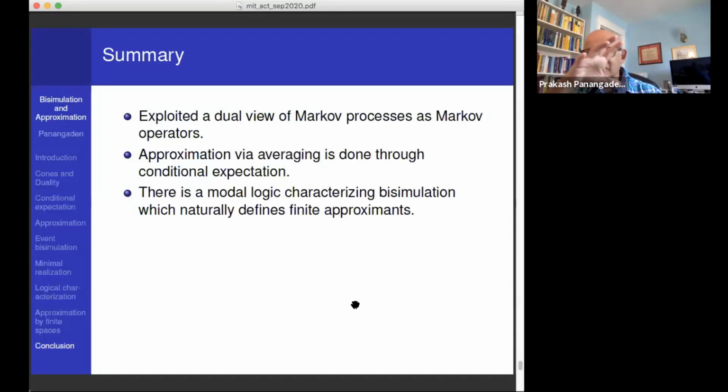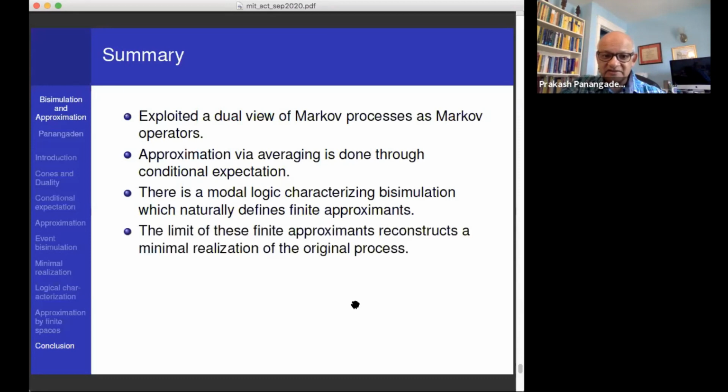As we expand the set of formulas, we get better and better approximations. Nicely, these approximations organize themselves into a projective diagram for which the projective limit exists. And that projective limit reconstructs not any old thing, but the minimal realization of the original process.